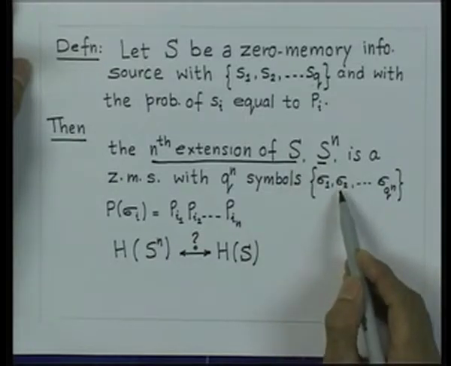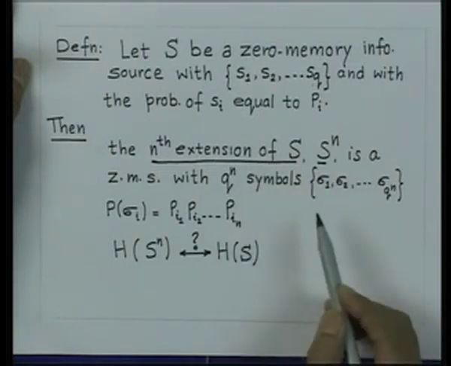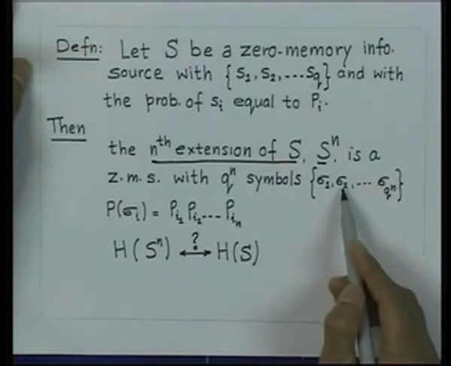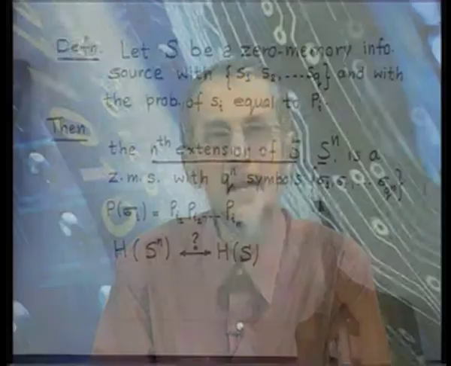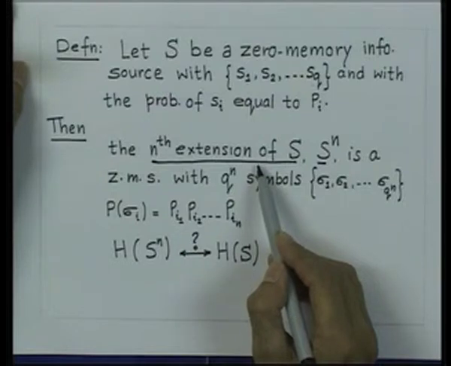Similarly, sigma 2 would be another symbol of the nth extension which I generate by having a string of symbols from my primary source S. So, I know basically what is my source alphabet for the nth extension of the source S.